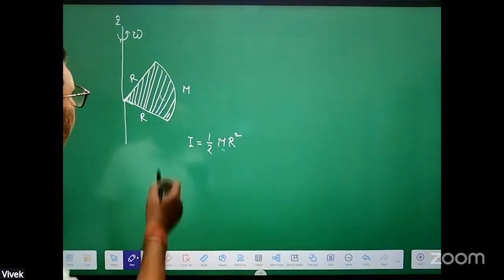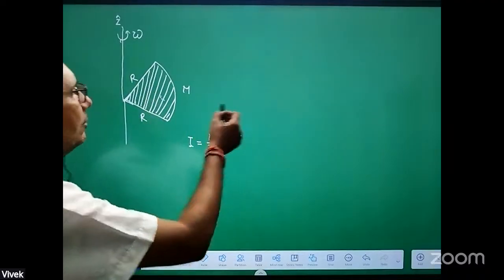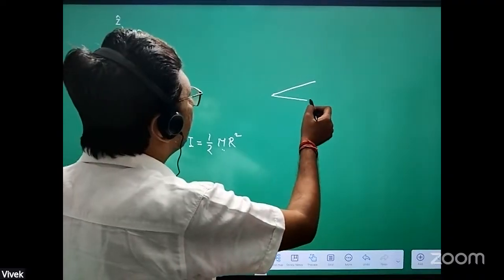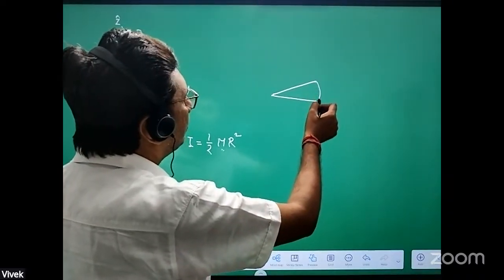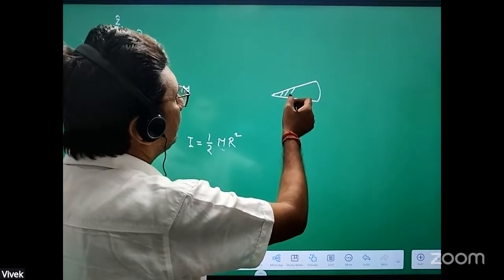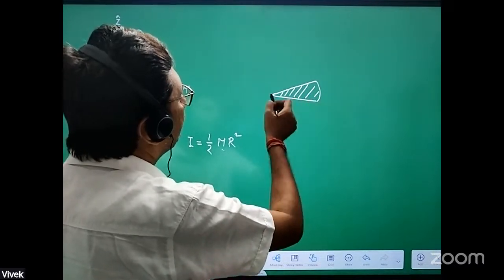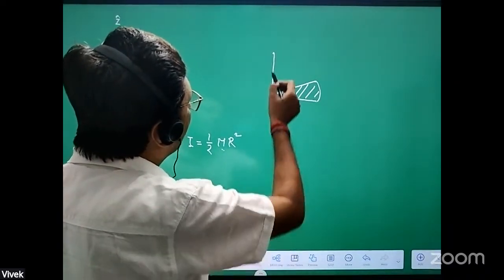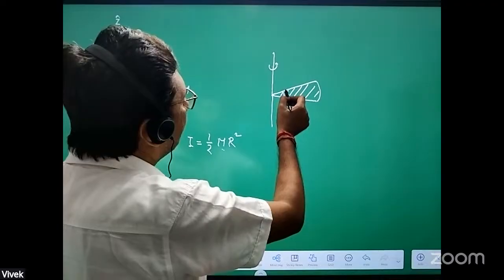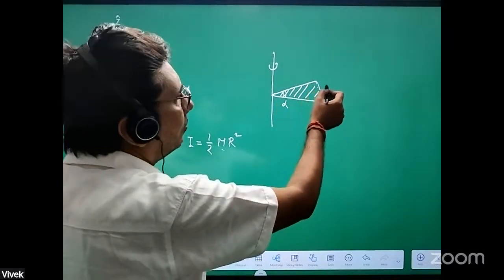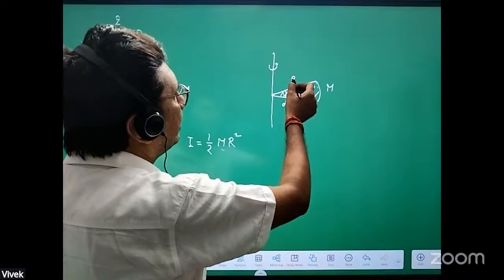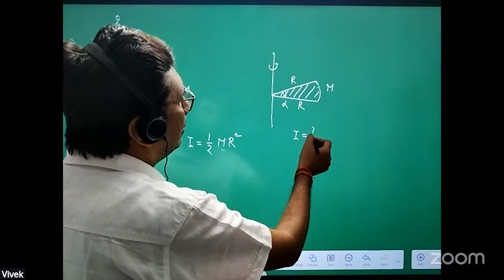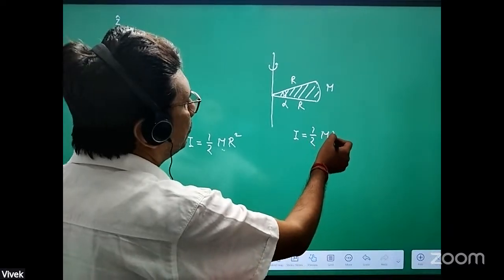So this is one thing. You can choose, it's not only quarter of plate, you can choose any of the plate. You can choose any smallest part of the plate. It may be like this. And if you rotate this part about this axis, whatever this angle is, I don't care, this is alpha, but its mass is m, radius is r, suppose, then moment of inertia will be 1/2 mr square.